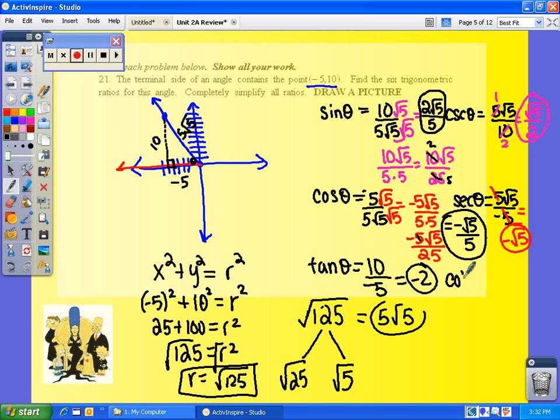Cotangent is negative 5 over 10, which reduces to negative 1/2. So our 6 answers are 2 radical 5 over 5, radical 5 over 2, negative radical 5 over 5, negative radical 5, negative 2, and negative 1/2. So ponder on this for a second before I erase it.